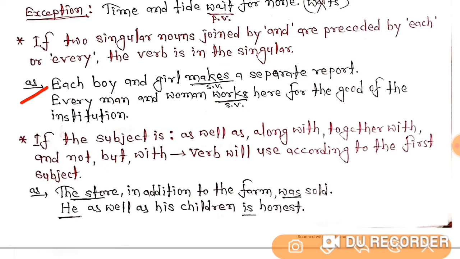Like each boy and girl makes, that is singular verb. Each boy and girl makes a separate report, right? The next example tells you every man and woman works, that is what? S with the verb. Again here S with the verb. So this has been used as singular verbs.